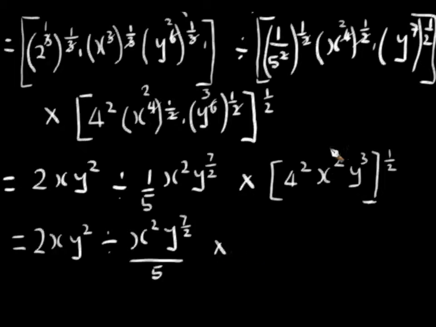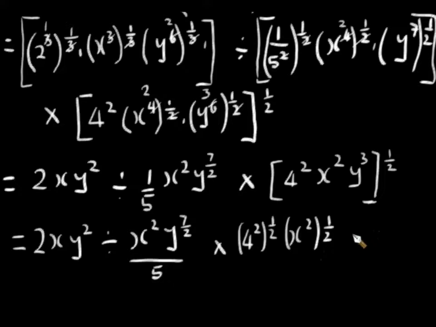Now here also, this power is distributed across everything within the bracket. So 4 gets its own, and we have 4 square raised to power 1 over 2, right? Here x square gets its own, so x square raised to power 1 over 2 also.